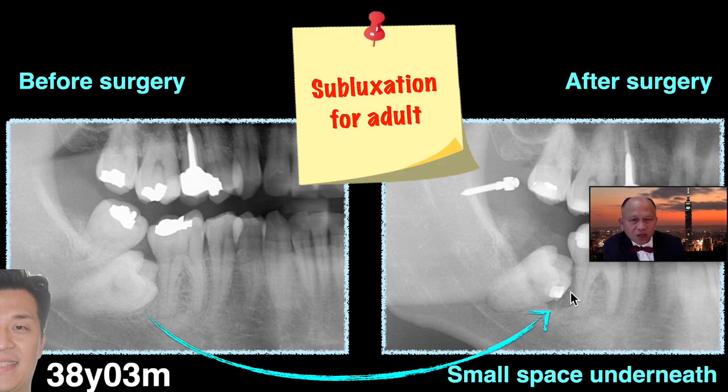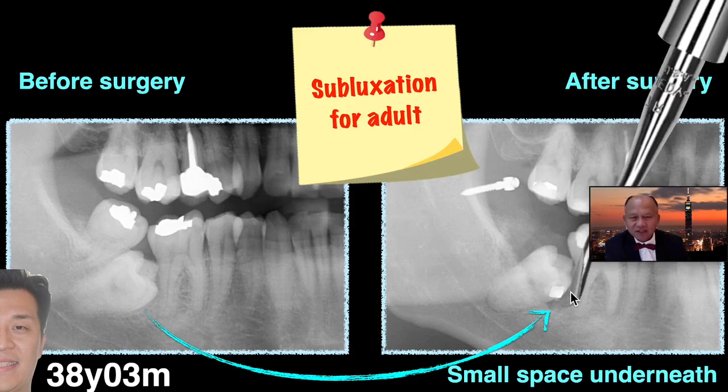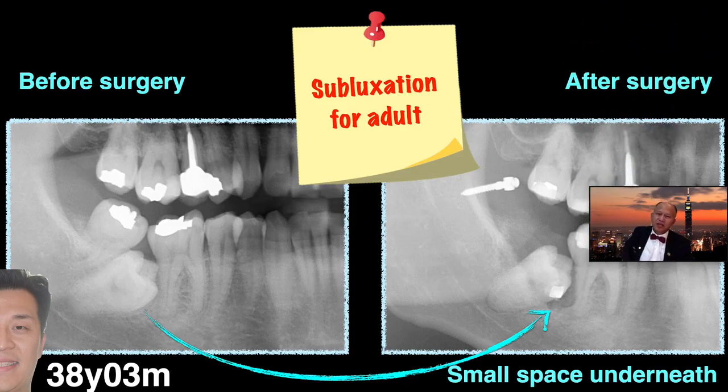So I always perform subluxation with this elevator to make sure I loosen that up. If they have ankylosis, I would make it even looser. And then once you get it loose and you hook on this power chain, immediately you will upright maybe 10 degrees of this second molar. That's why you see this small space underneath.